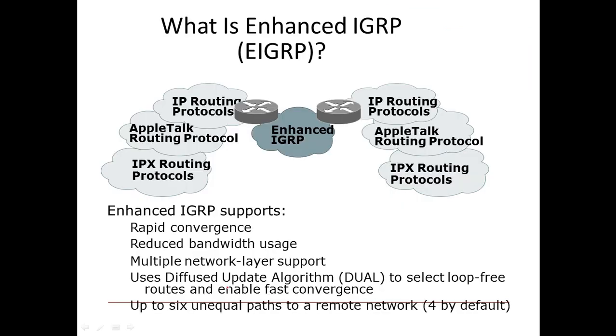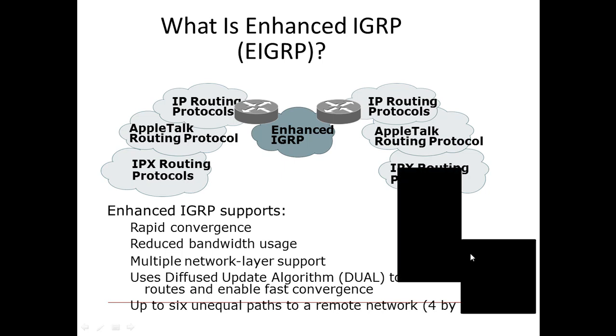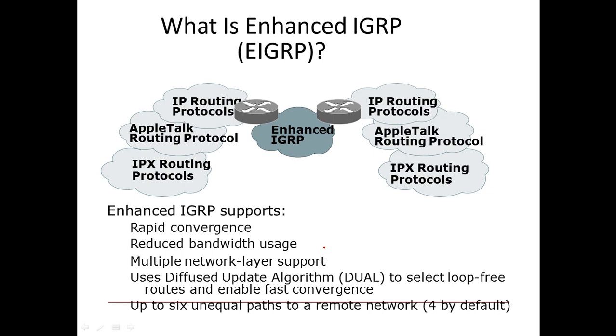So let's go forward. What is EIGRP? You can see that EIGRP is a combination of all these different things that IGRP supports, as well as link state routing. So enhanced IGRP supports rapid convergence.